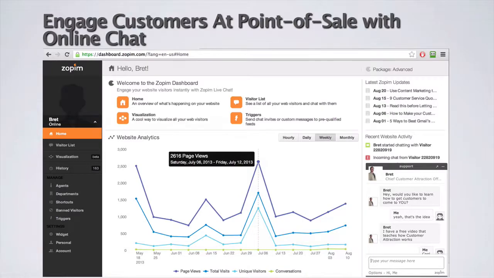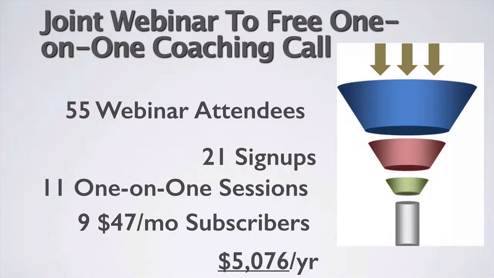So here is an example of how we made this work. I had a joint webinar with my friend Nick Unsworth recently, and on the webinar were 55 attendees. At the end of the webinar, we didn't sell anything with the exception of a free one-on-one session with me.